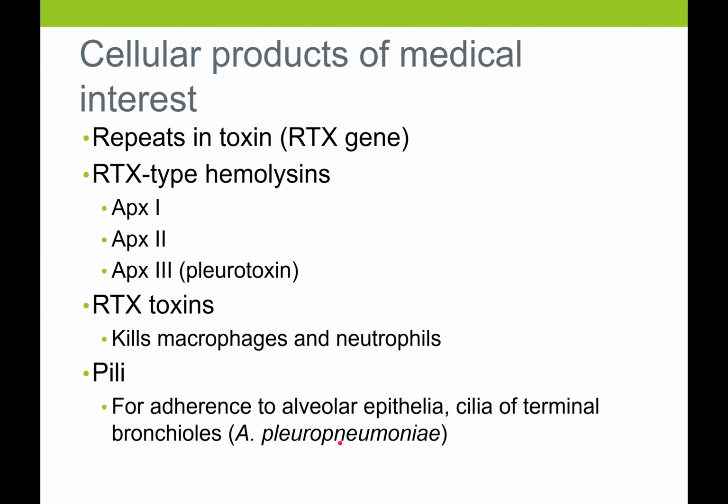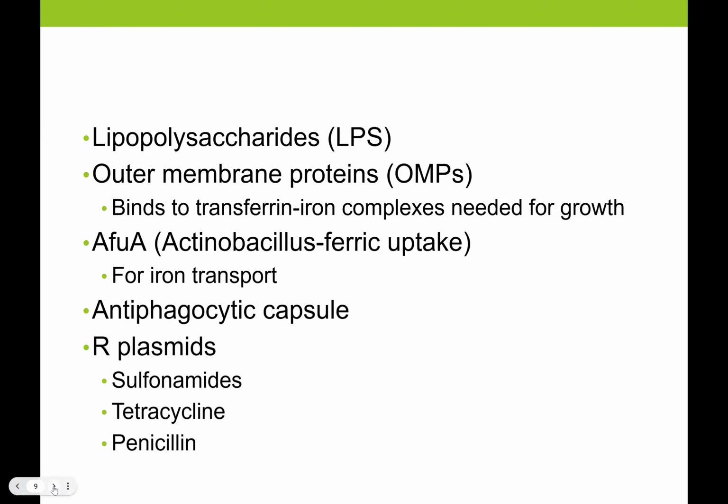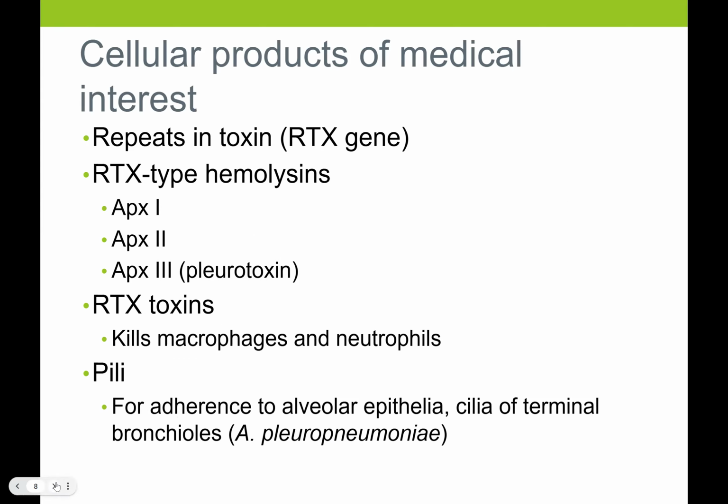In this case, it goes into the respiratory system. It will attach to the alveolar epithelia and cilia of terminal bronchioles, especially for APP. When we say APP, that's Actinobacillus pleuropneumoniae. In the field, you might hear people in the swine industry saying APP, so this is what they're referring to.